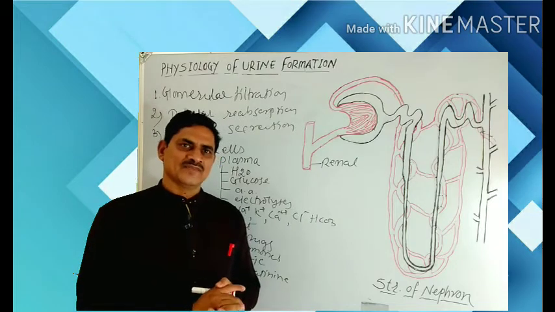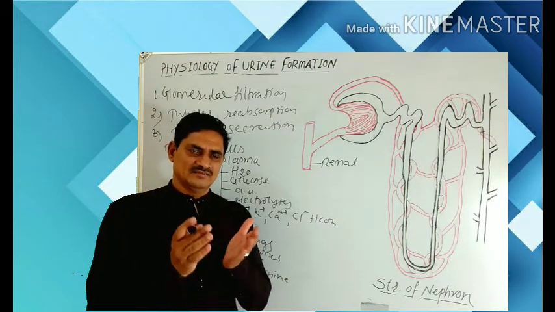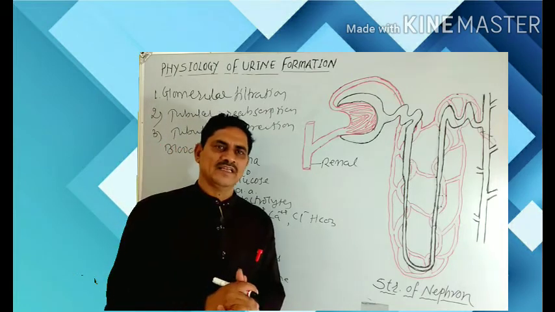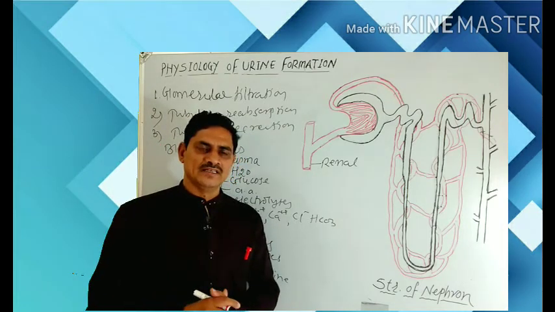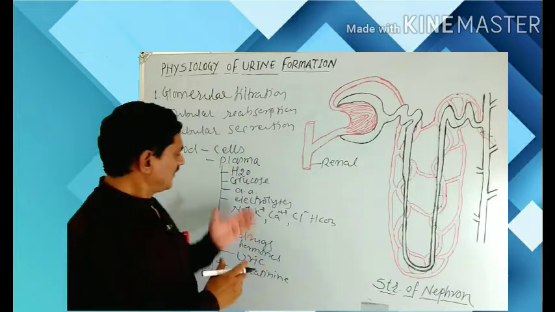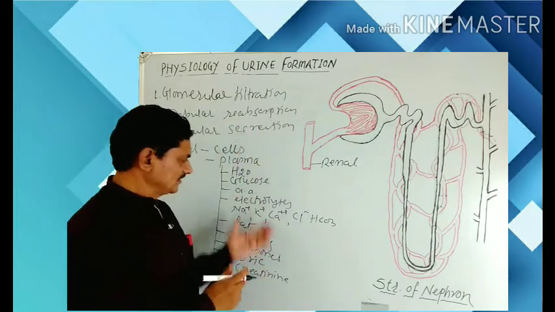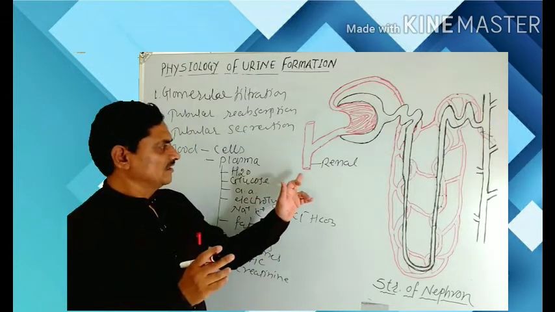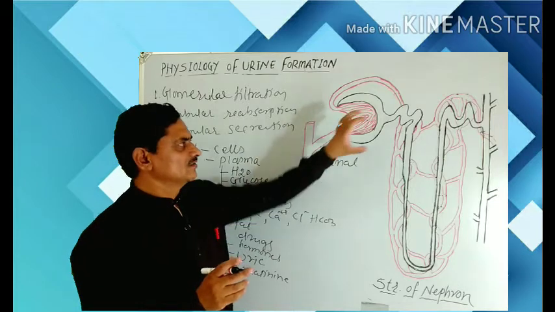Besides this, there is xanthic acid, there may be ornithinic acid, hippuric acid, and guanine, which may be found in trace amounts. So, all these solutes or dissolved components are carried along with the blood by the renal artery into the kidney.